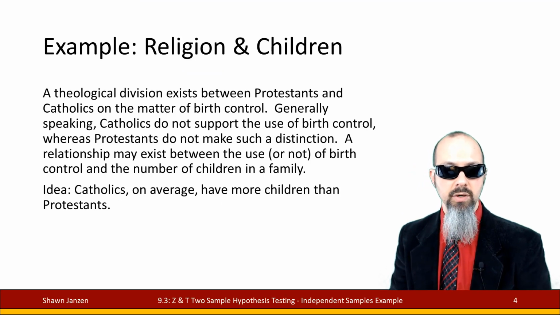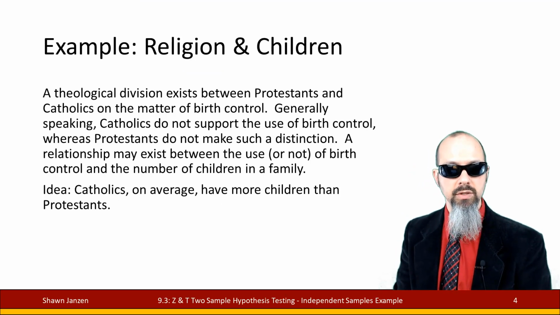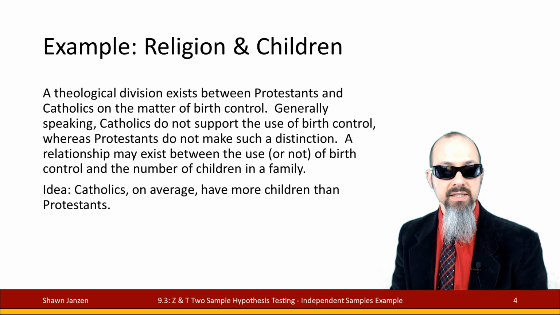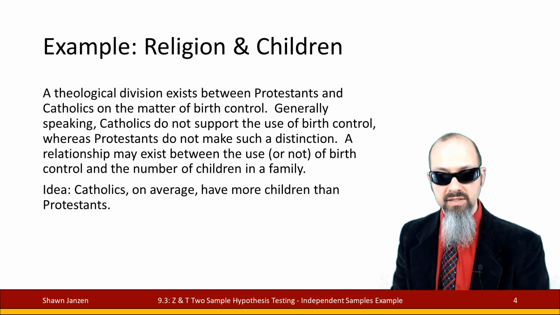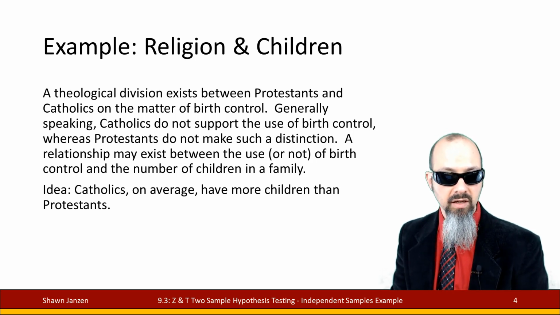The example I want to show you takes this idea with religion and children. Now, a theological division exists between Protestants and Catholics on the matter of birth control. Generally speaking, Catholics do not support the use of birth control, whereas Protestants don't make such a distinction. A relationship may exist between the use or not of birth control and the number of children in a family.